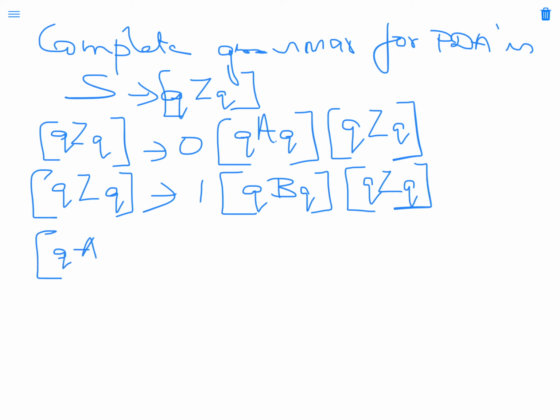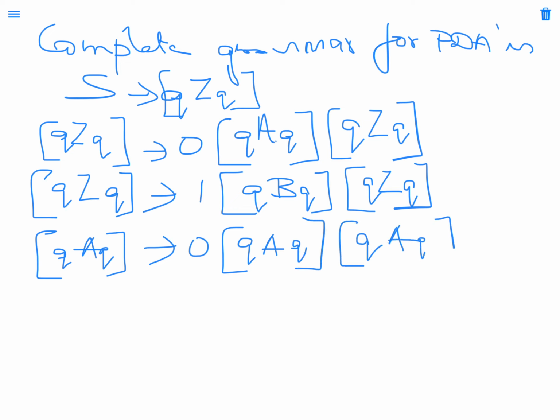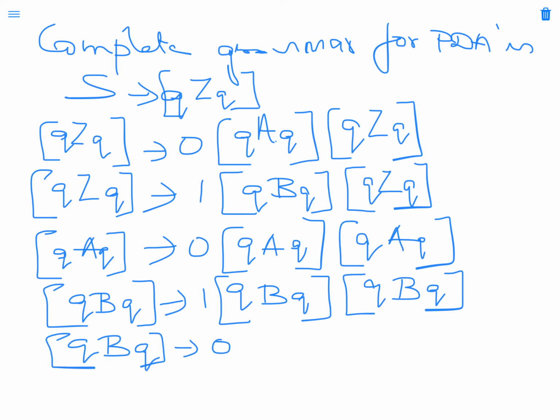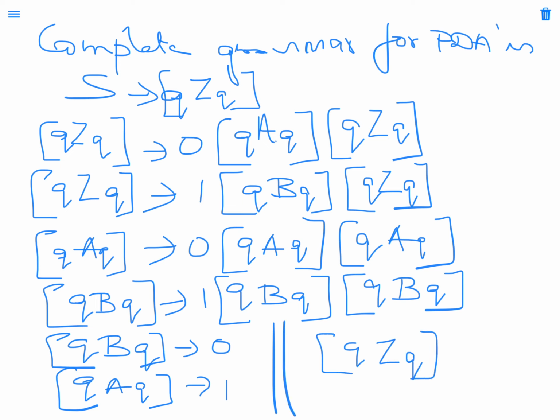Then [qAq] gives 0 [qAq][qAq]. [qBq] gives 1 [qBq][qBq]. Then [qBq] gives 0, [qAq] gives 1, [qZq] gives epsilon.